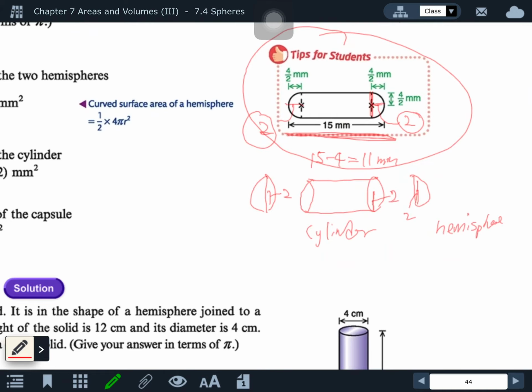Okay, for the cylinder, how can we find the curved surface area? It is actually 2 pi r, which is the circumference, times h. So 2 pi r h is the cylinder's curved surface area.